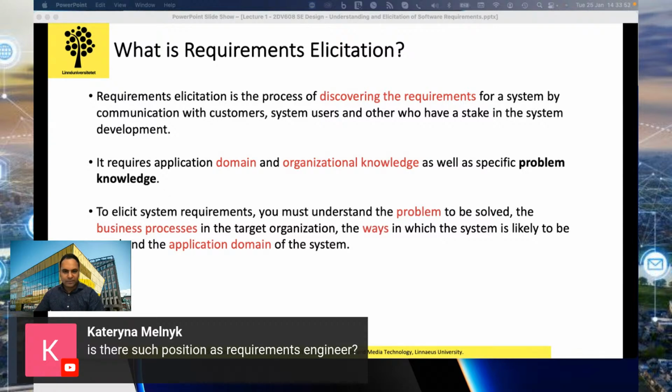You have positions for system requirements engineer, but they are often known as requirements analyst or business analyst and so on. I mean, under different titles. But there are positions for requirements engineers.